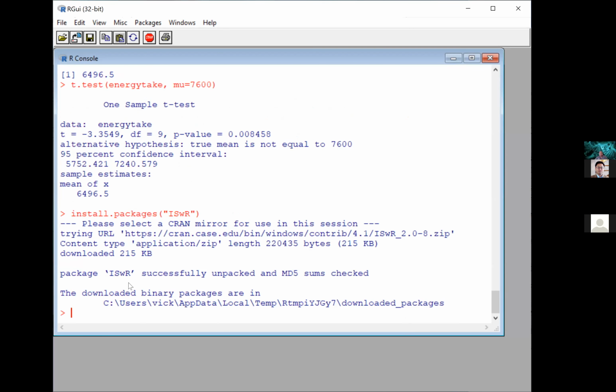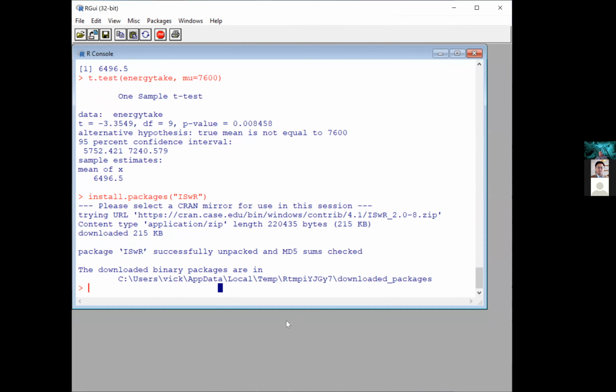Now the package was downloaded and successfully unpacked. Now we're going to load it. When you're doing R scripting, please pay attention to where the period goes and where the quotation marks go with the parentheses. If you need me to zoom in more on this, I can, but I think you can see it well enough. To make sure the library is installed correctly.